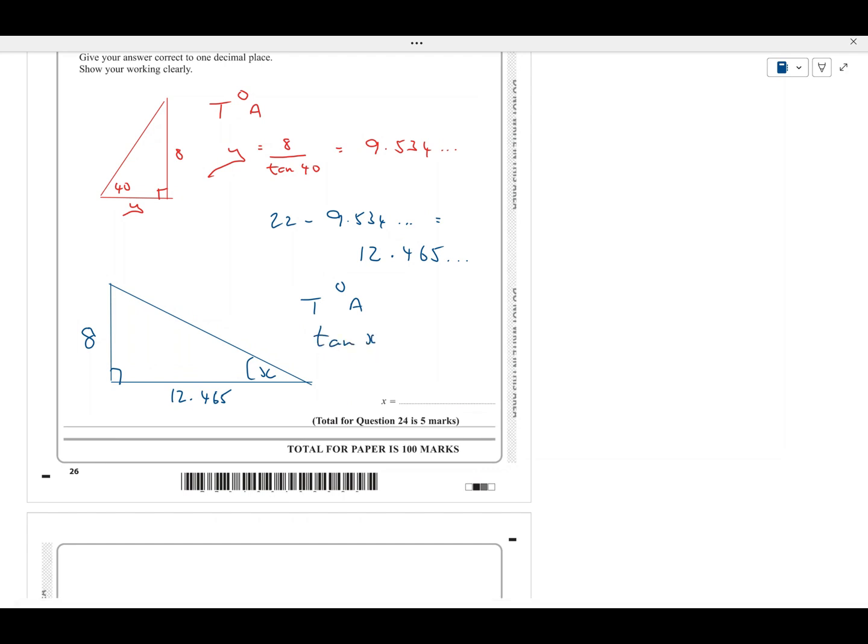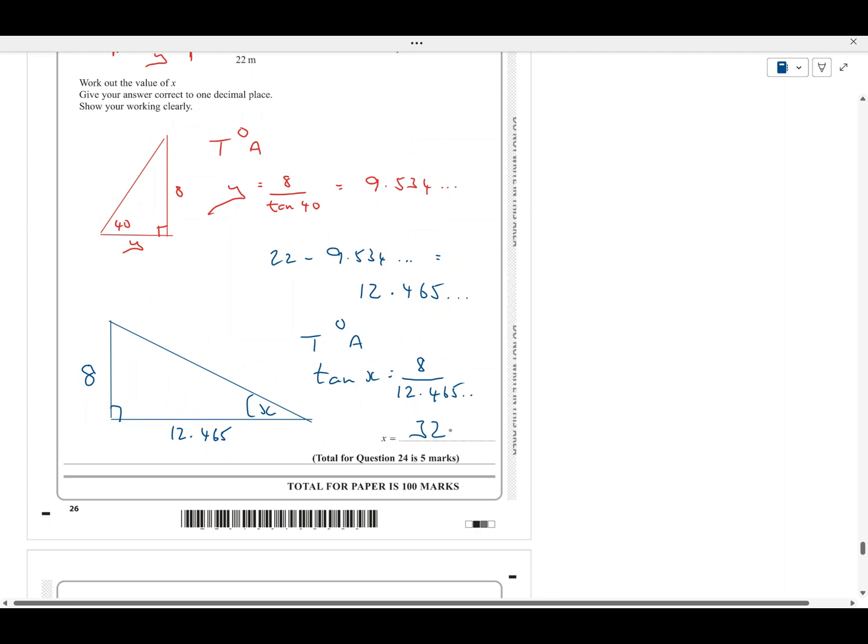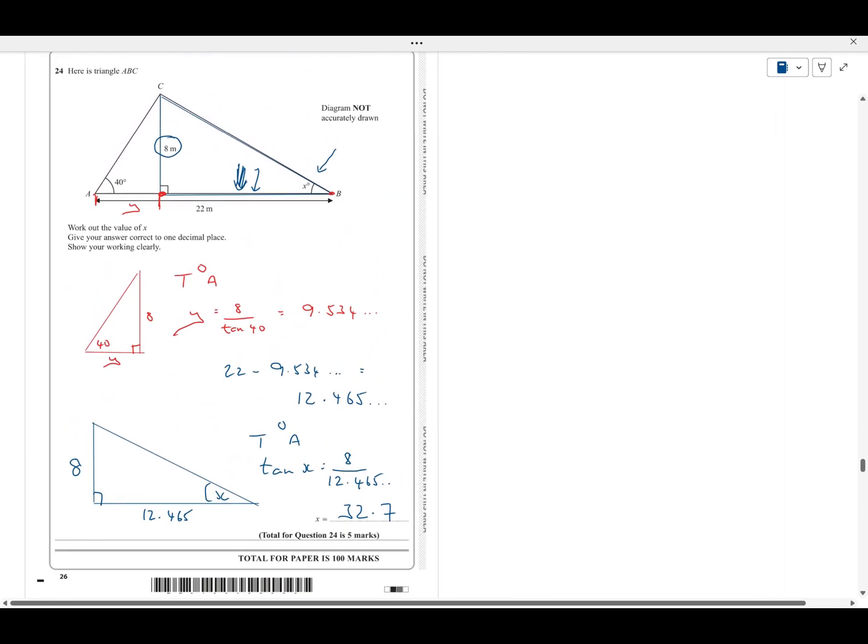Tan x equals 8 divided by 12.465, and so on. So on my calculator, 8 divided by 12.465 and so on equals, shift tan equals, gives me 32. Now how many decimal places do you want? One decimal place, 32.7. And that is my answer to question 24.